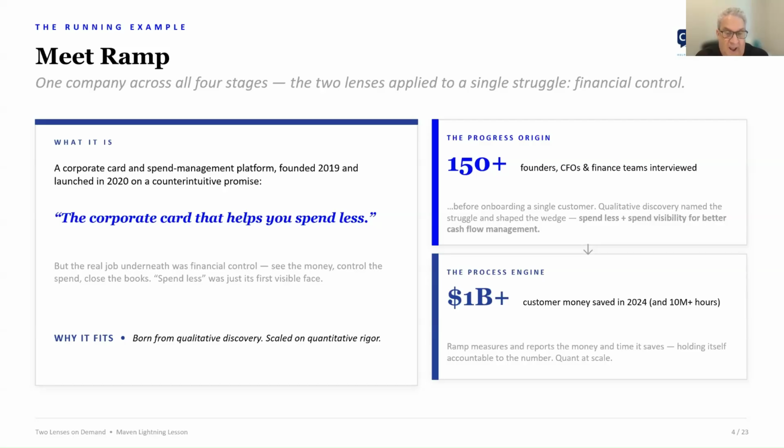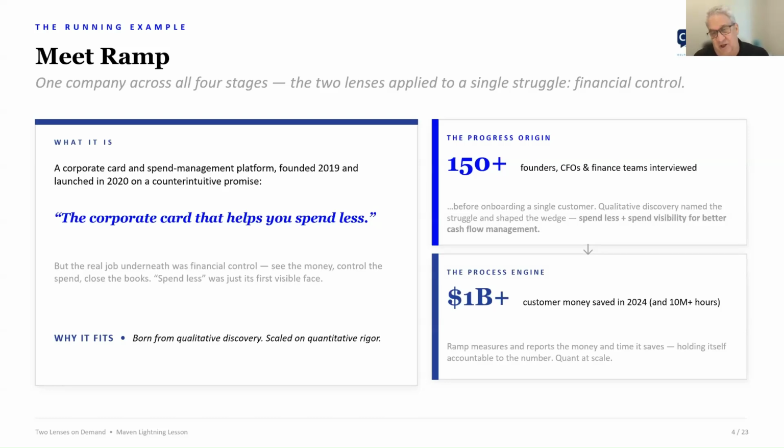And Ramp was founded in 2019. And at the time, most corporate credit cards being offered to businesses were very similar in nature to the credit cards being offered to consumers, with this idea that the more you spend, the more rewards you get.